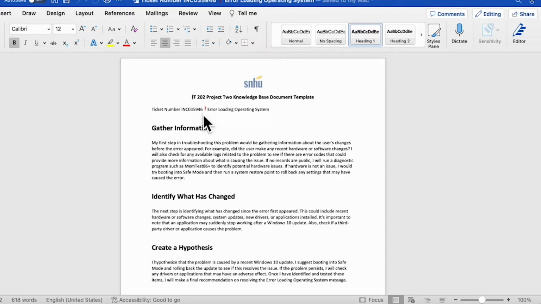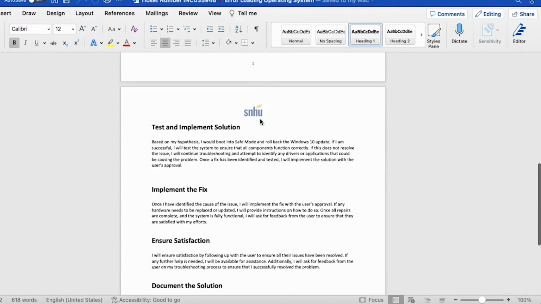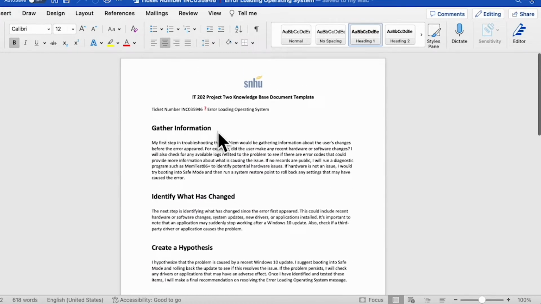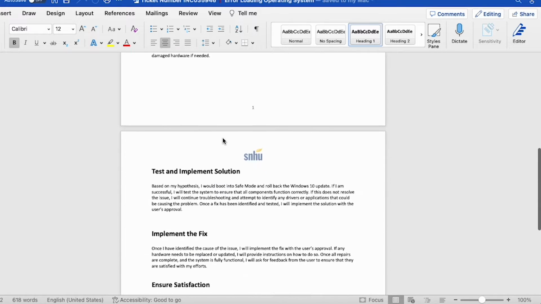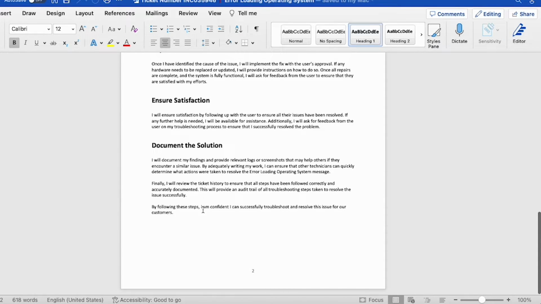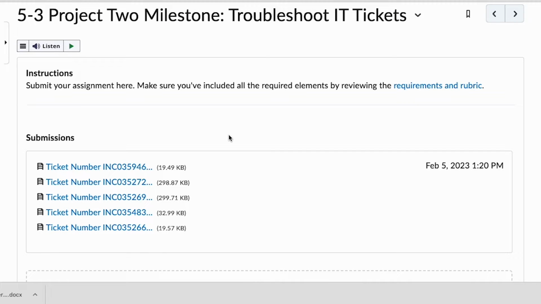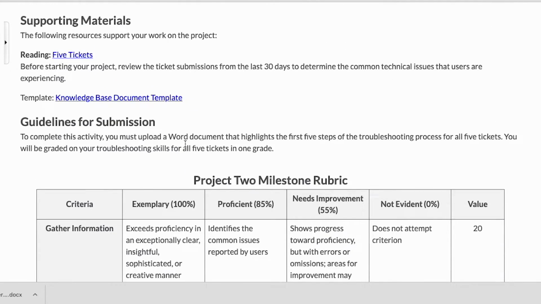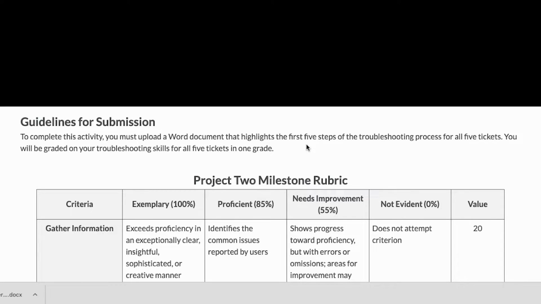So I just put the ticket number up here and what the specific issue was, and then went through and wrote. I kept each particular area separated so he could see that I had answered each one. You don't have to do it this way. You could put everything into one document, because based on the rubric, what you need to turn in is just a Word document that highlights the 5 steps.